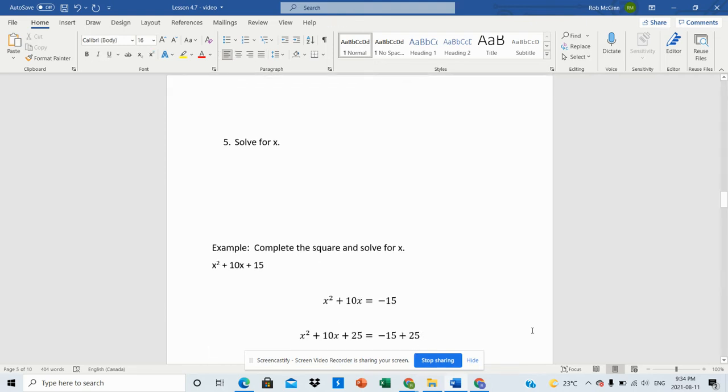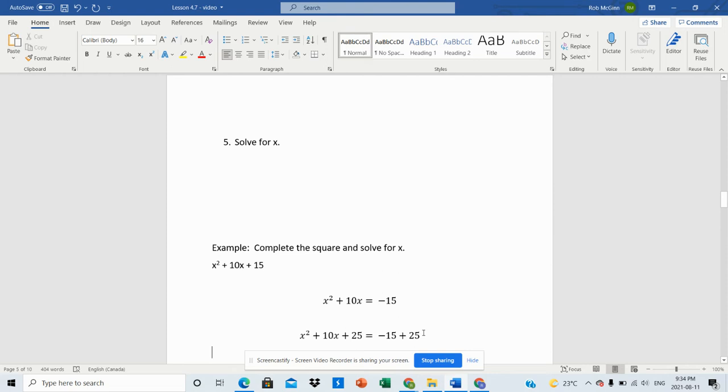So x squared plus 10x plus 25 on the left-hand side equals minus 15. And we have to add 25 to the right-hand side as well to maintain the integrity of the equation. If we didn't add the 25 on the right-hand side, we've just completely changed the equation and it doesn't make any mathematical sense. So make sure what you do to one side, you do to the other side.